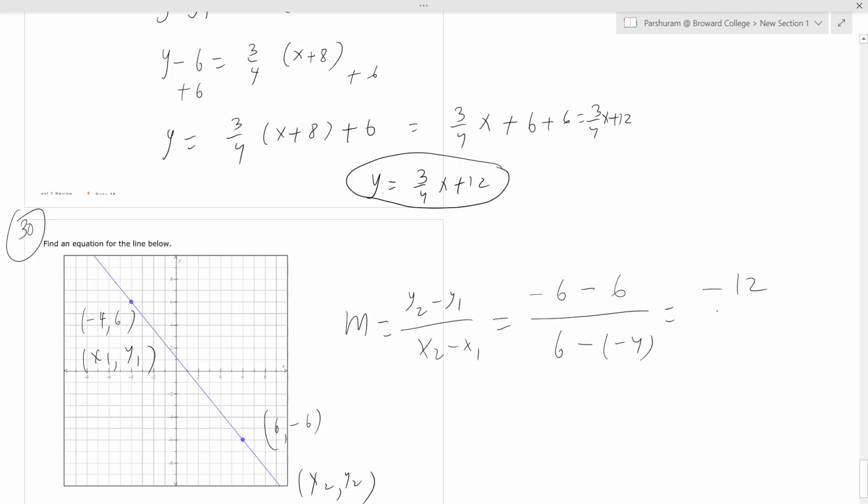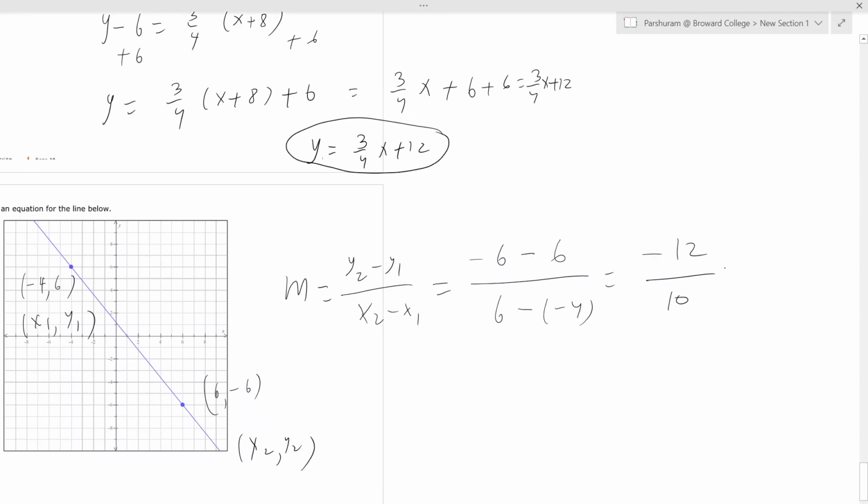So that will be negative 12 over 10, because negative times negative becomes positive. After simplification, it is negative 6 over 5. That's the slope.